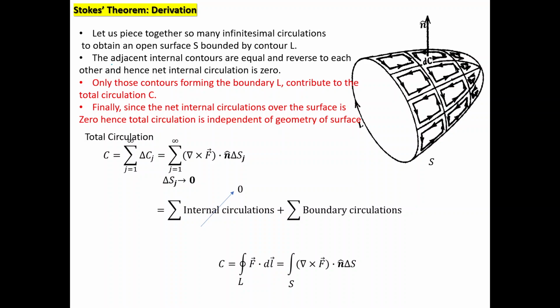So we can say that the adjacent internal contours are equal and reverse to each other, and hence the net internal circulation is 0. What are internal circulations? The circulations that are present over the surface.